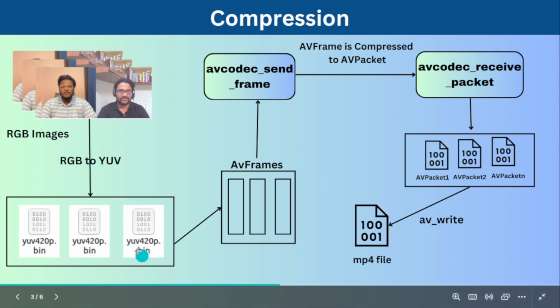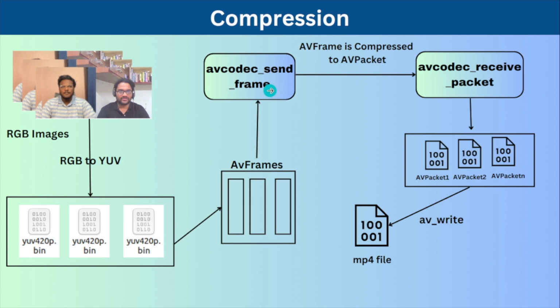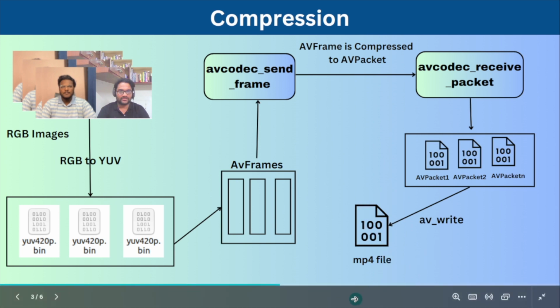This YUV data is then converted back into AVFrame data, and these AVFrames are sent to avcodec_send_frame, where the AVFrame is compressed to an AVPacket. I mean, the raw data is converted to the compressed AVPacket, and these AVPackets, with the help of the AVStream and the av_write API, are written into the MP4 file.